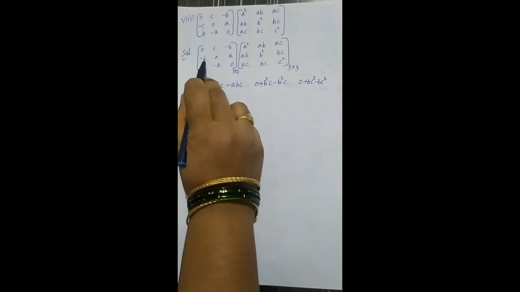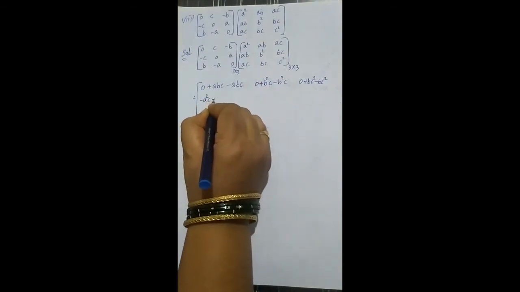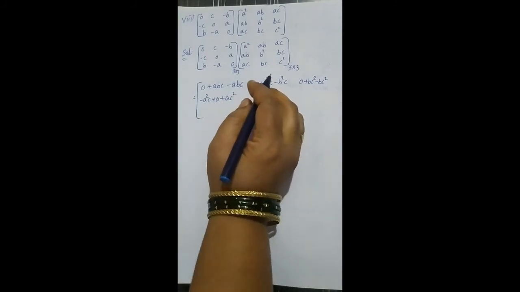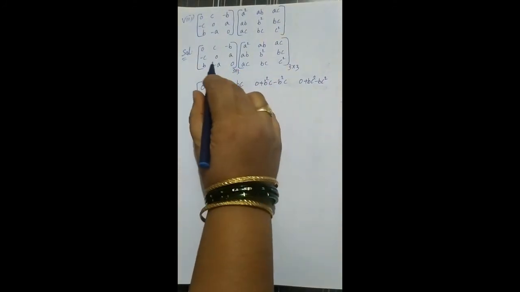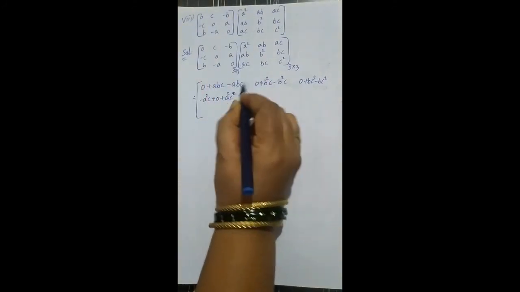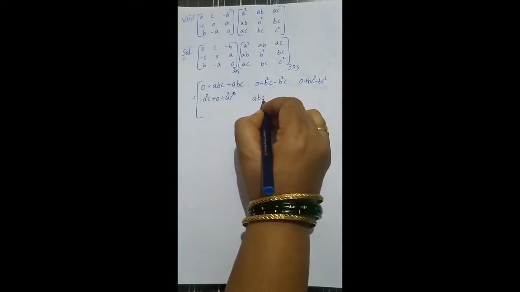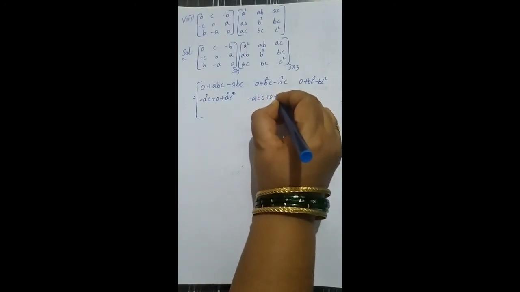In a similar way, minus A squared C plus 0 plus AC square. Sorry, A squared C. ABC minus ABC plus 0 plus ABC.